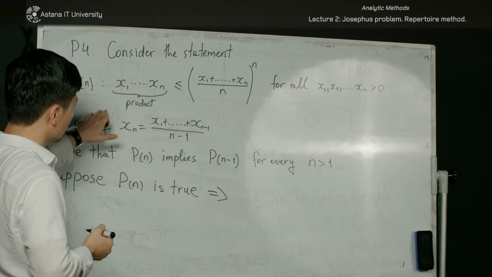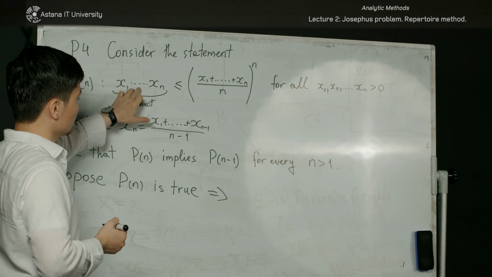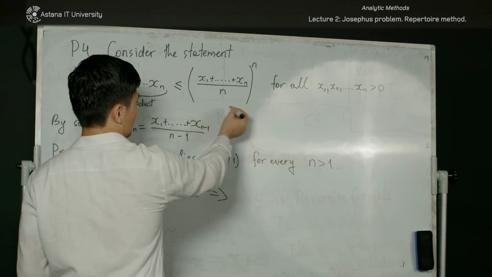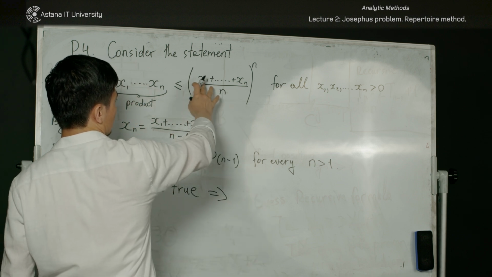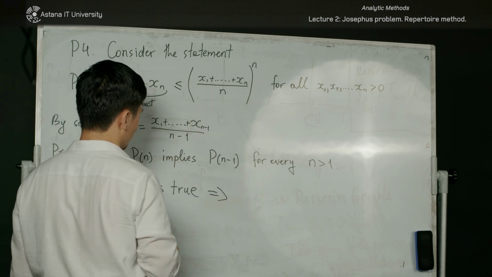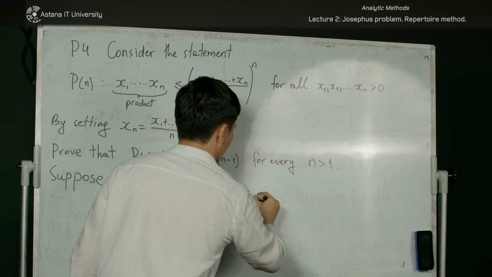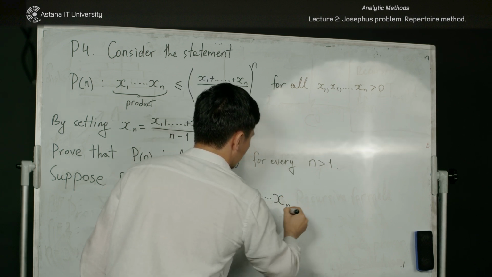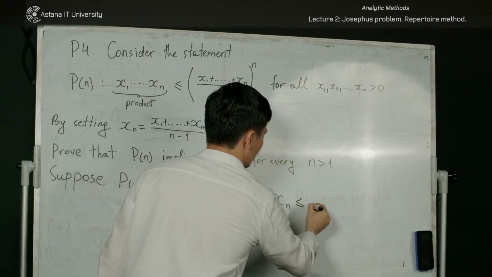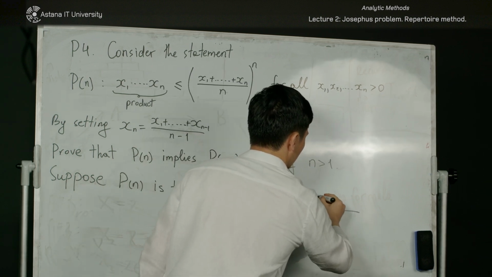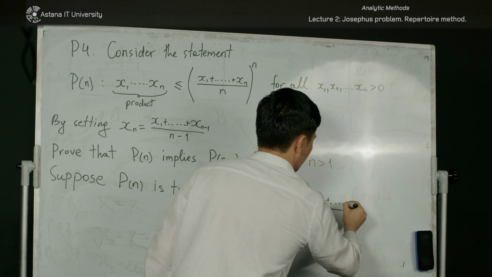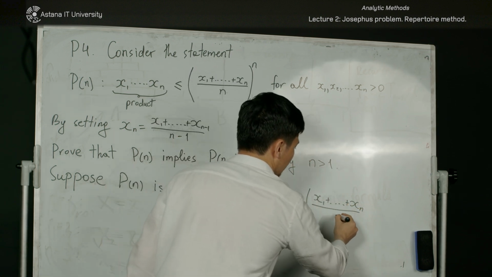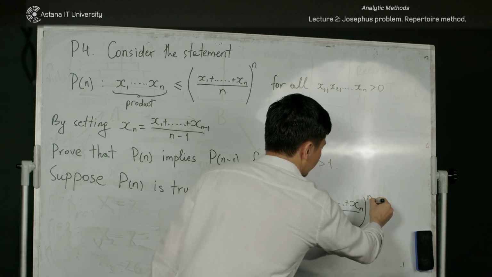Which means that the product of x1, x2 until xn is less or equal than this expression, the sum of x divided by n raised to the power of n. So I'm going to write it over here. x1 times until xn less or equal than the sum of x1 until xn divided by n raised to the power of n.